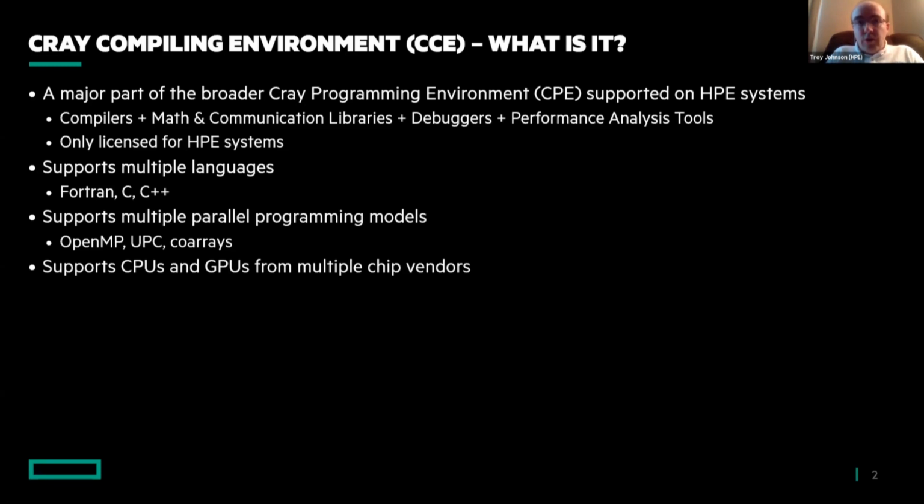It's often viewed as an alternative to MPI, versus OpenMP, which is more of an on-node programming model. And we support CPUs and GPUs from multiple chip vendors. So this is one programming environment suite, which is the same suite provided to our customers, no matter what particular CPU or GPU they have in their system.